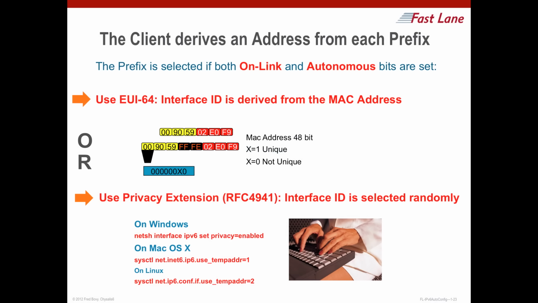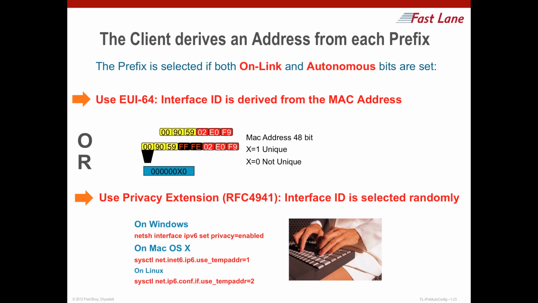So we said that we derive the address from the prefix, and then we build it using the interface ID. Again, the interface ID may be derived from the MAC address.